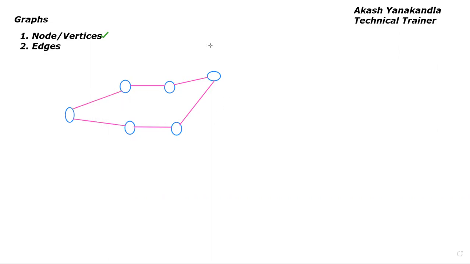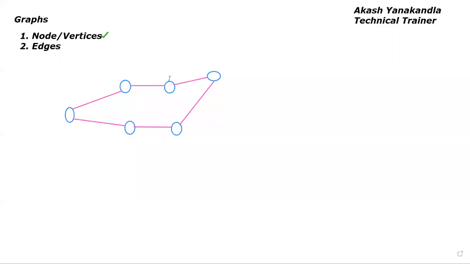So now here we have node 1, node 2, node 3, node 4, node 5, and node 6, and here we have the distance between each pair of nodes.